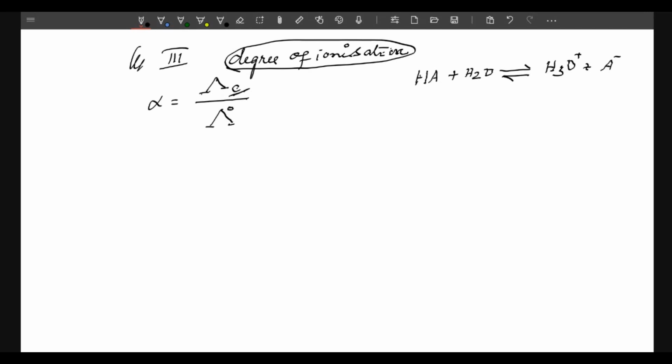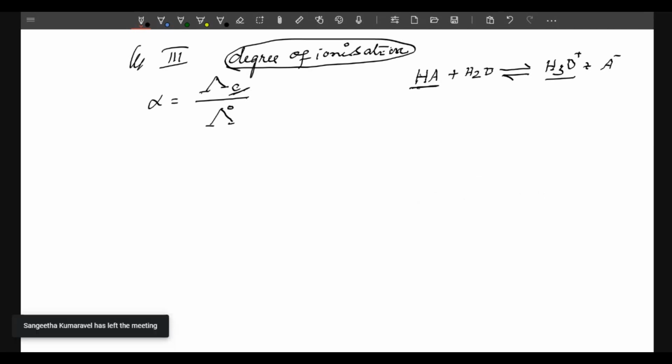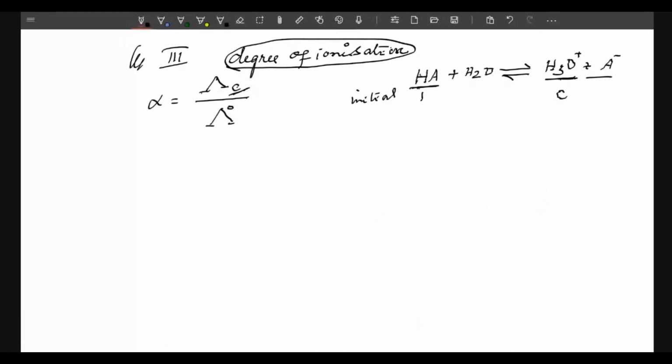You know, at a particular concentration, a small amount of HA would be ionized as H plus and A minus, and there will be equilibrium between the unionized molecule and the ionized ions. Now let us take the initial concentration of the unionized molecule HA as 1, and the ionization at the initial condition is 0, 0.